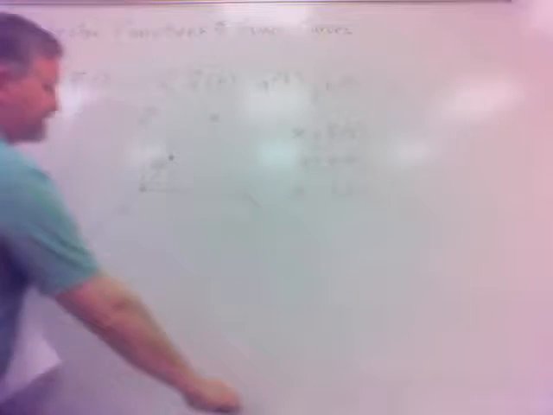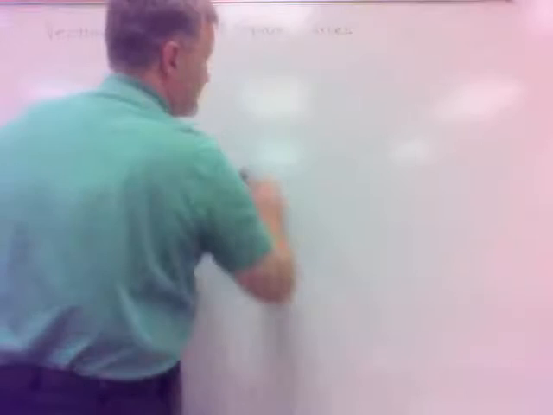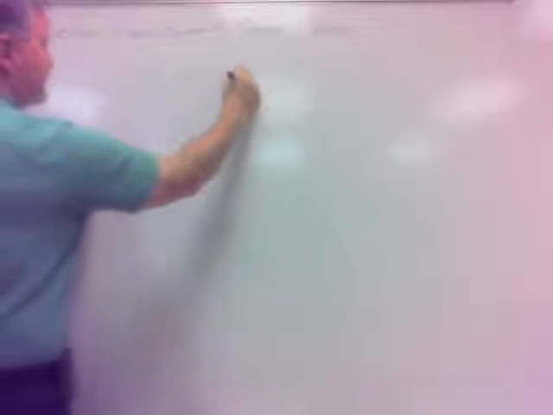And so one in particular here, let's just say r of t equals t, 2t, 3t. So what does that look like?